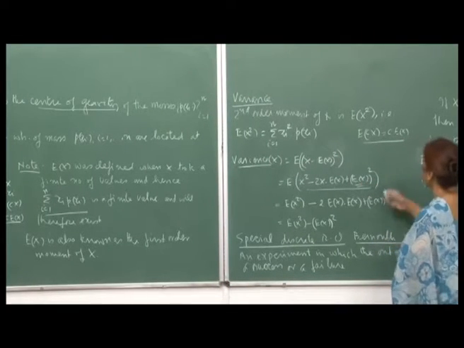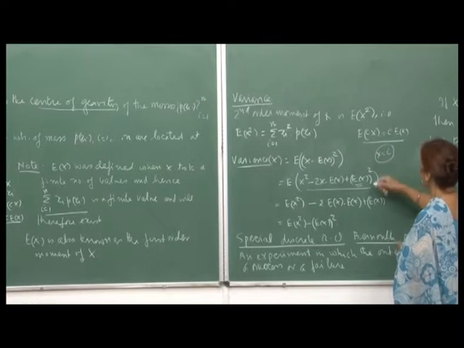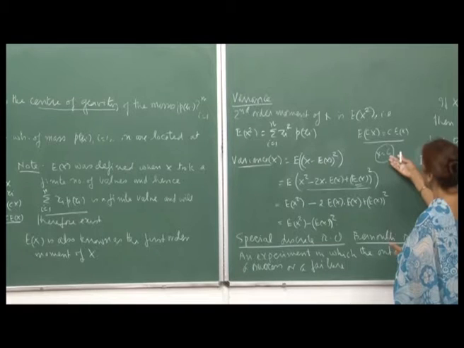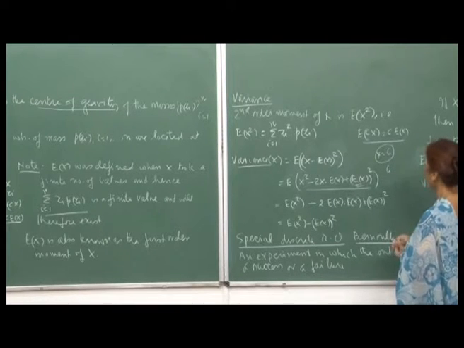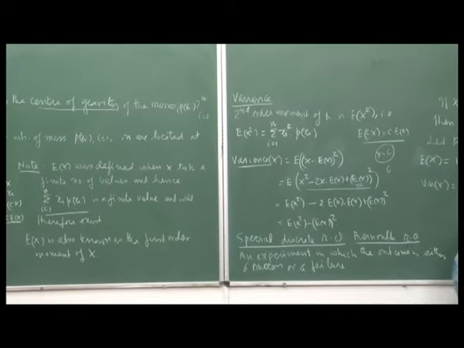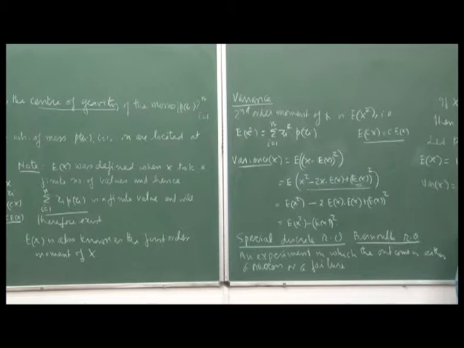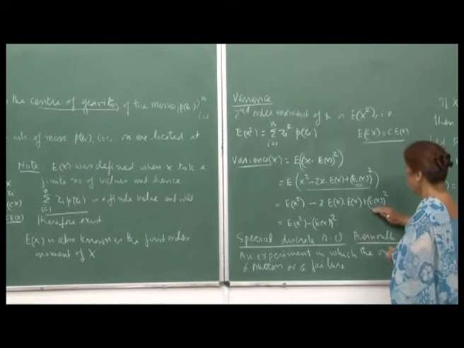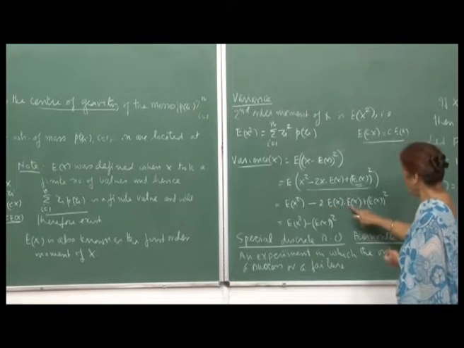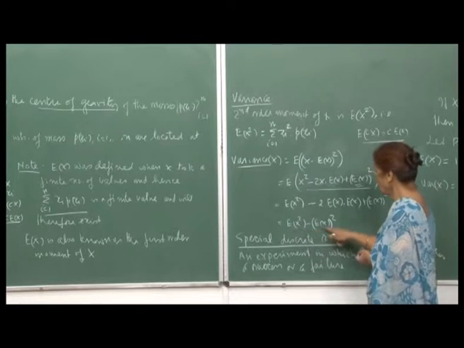So, if x is C for all possible values, then the expectation will simply be C, because this has probability 1. So, whenever a random variable is just equal to a constant, its expectation would be just that constant value. So, minus 2 E[x] square plus E[x] square, that reduces, and therefore, this becomes E[x square] minus (E[x]) square.